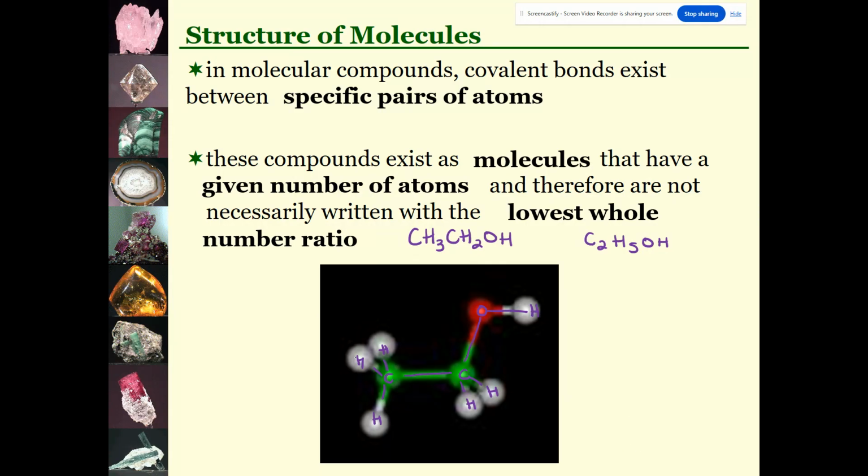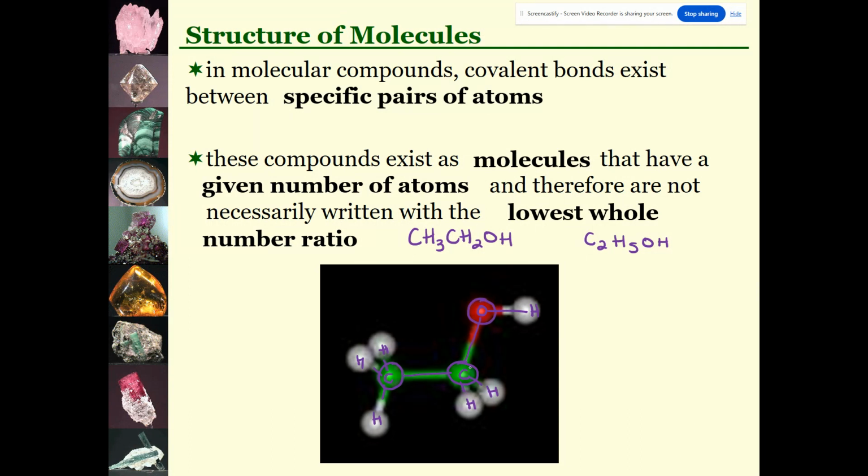Okay? So notice the shapes that are being taken around each what we call central atom. Carbon is a central atom because it's in the middle with multiple atoms around it. Carbon is also a central atom, and oxygen is a central atom.